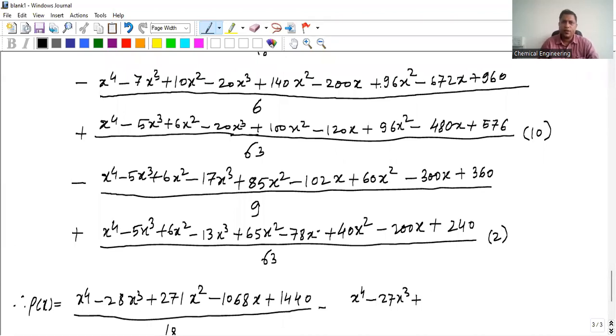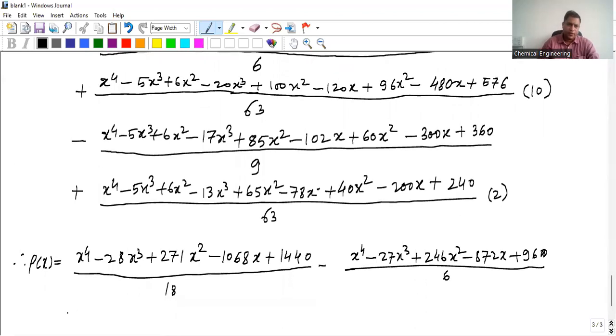How much x square can you have? 246x square. How many x do we have? 872x. What about the constant term? 960. So all this is divided by 6.